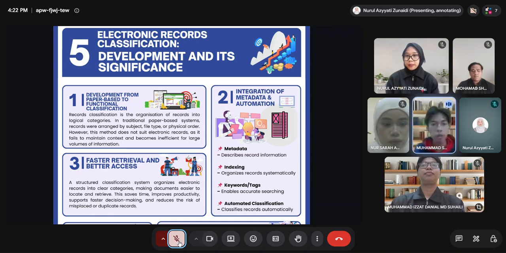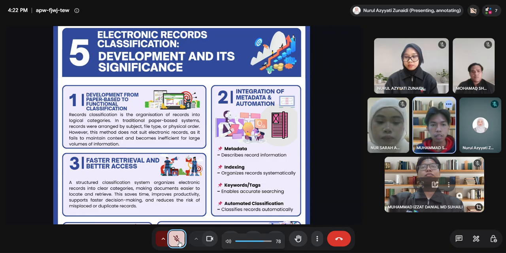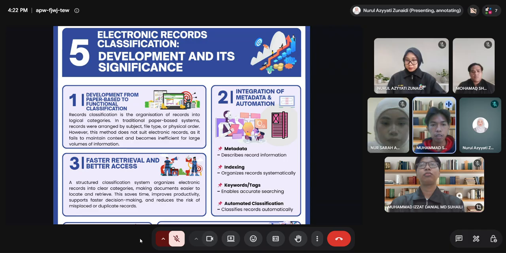So next, I will explain the third significance, which is faster retrieval and better access. A structured classification system organizes electronic records into clear categories, making it easier to find and retrieve documents. This saves time, improves productivity, and supports faster decision making. For example, a university can classify student records by faculty, intake year, and student name.